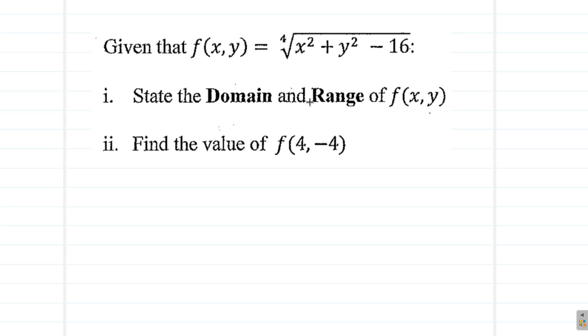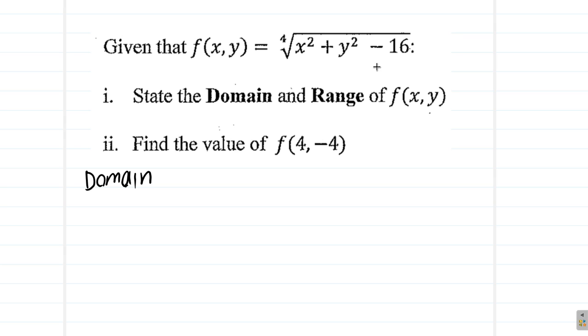Now the domain. Remember, the domain are the numbers that you put in x and y. Now here, the thing is, what you have under the fourth root sign cannot be negative.